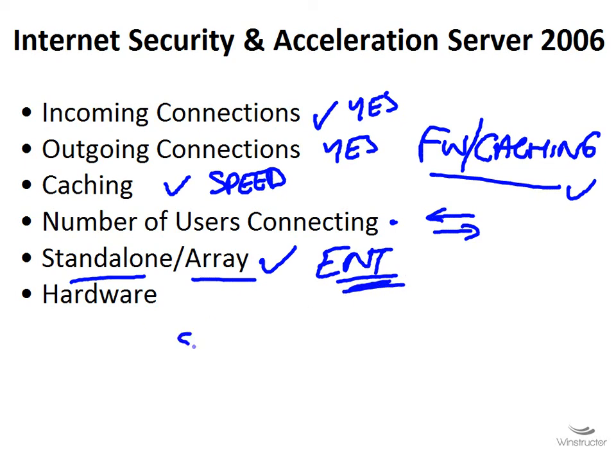Now our standalone edition is also limited to running on up to 4 CPUs and 2 gigabytes of RAM, whereas the Enterprise Edition really doesn't have any hardware limits, and obviously the more CPUs, the faster your ISA server will be able to perform and the more users you're going to be able to serve.